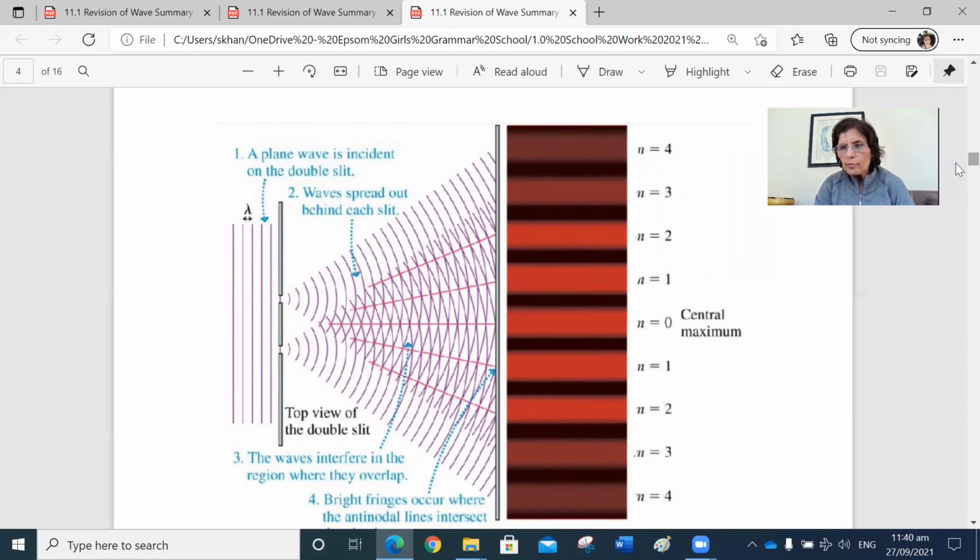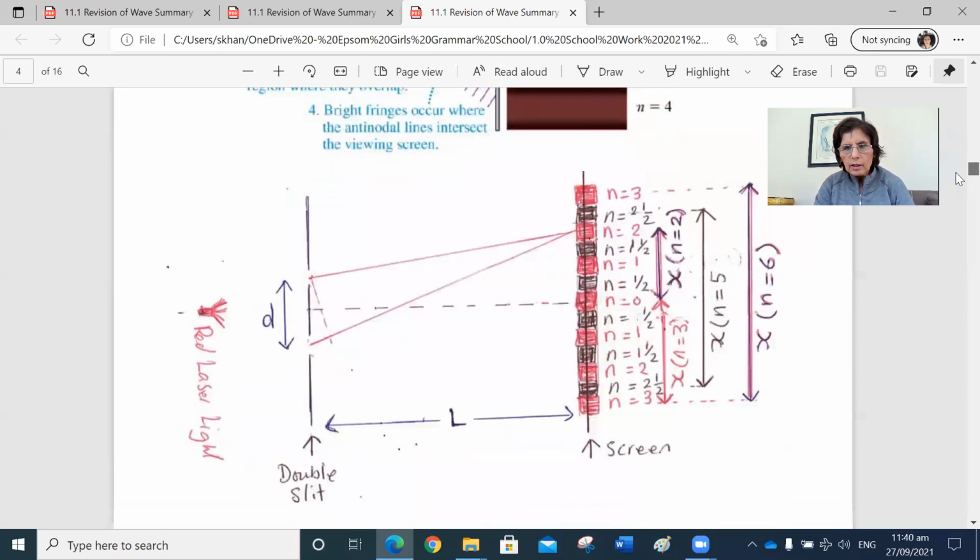It's a similar diagram done by hand. The distance between the two slits is d. L is the distance from the double slit to the screen. And that distance we measure is called x. If we are measuring from here to there, n will be 1 for that.